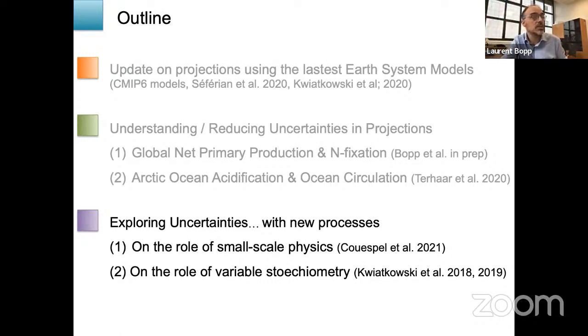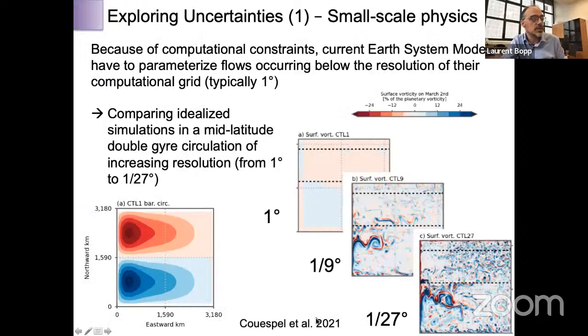So the role of small-scale physics. So this is based on a recent paper by Damien Coepel, in which he explored the potential influence of flows that occur below the resolution of the Earth system model grid, specifically eddies and filaments.